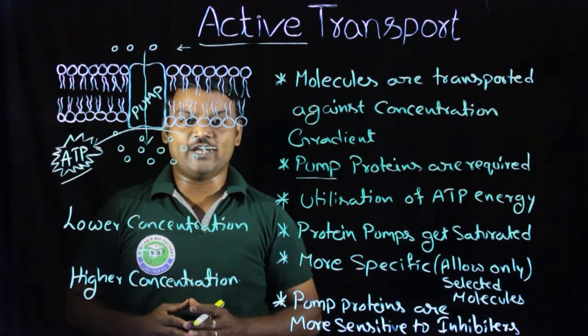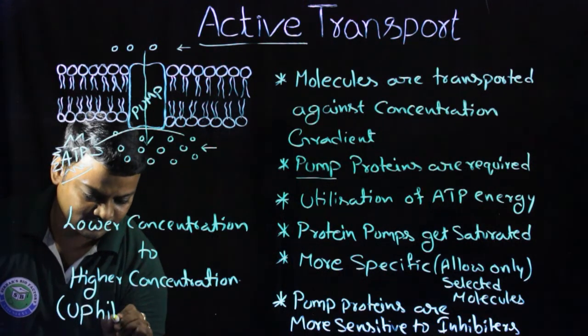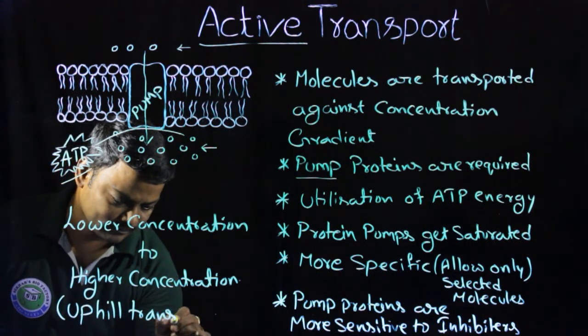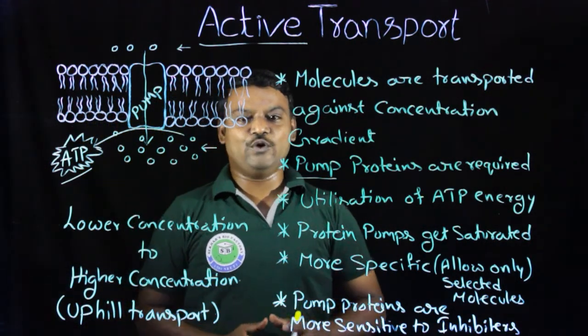Such type of transportation is called uphill transport. So these are the characters of active transport.